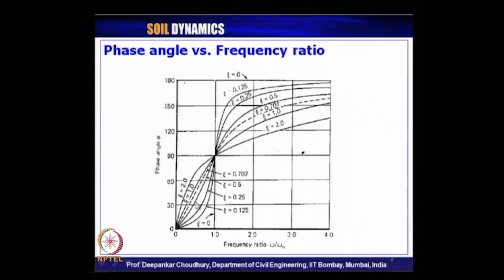How the phase angle varies with respect to frequency ratio, that also we have seen. At frequency ratio 0, the phase angle is 0, and when frequency ratio tends to infinity, the phase angle approaches 180 degrees, and when frequency ratio is 1, at that point the phase angle is 90 degrees, and it varies accordingly with the damping ratio of the system.